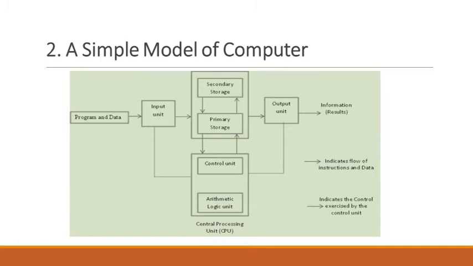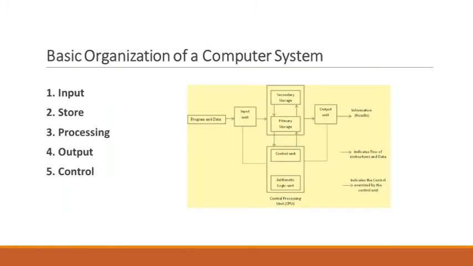This is one of the most important aspects of this chapter, the block diagram of the computer system. Basically we have five major functions: input, store, processing, output and control. The input means the process of entering data and instructions into the computer system. Then the store is saving the data and instructions to make them readily available for initial or additional processing whenever required.